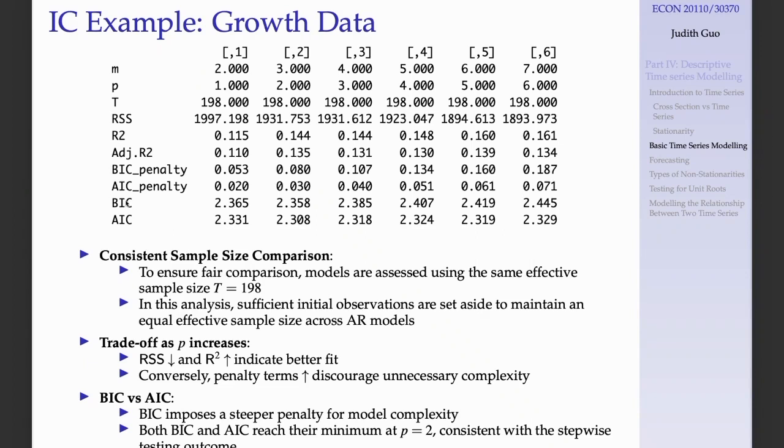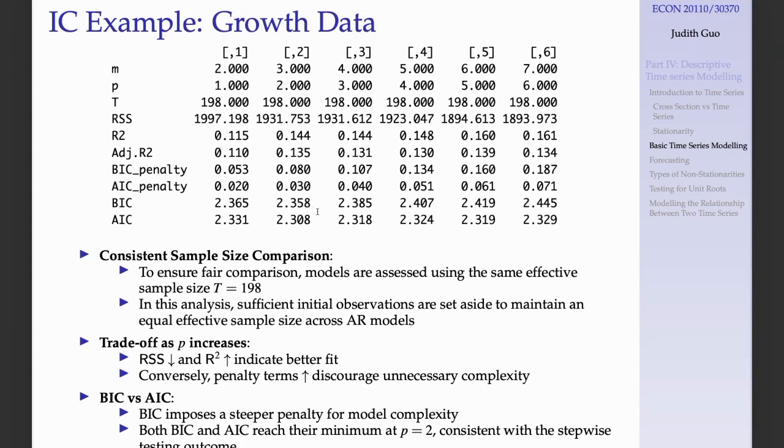Now, if we look at the second last row, that gives you the value of the BIC for each model. And remember, the one that we want to choose is the one that has the smallest BIC value. Because the last three values are roughly 2.4, which must be higher than the first three. And out of the first three orders, it's the AR2 that minimizes the BIC.